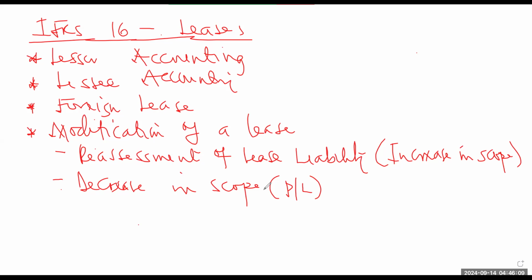Okay, so the decrease in the scope is something new that we are coming to do, and you also have to pay attention that whenever we do something new, you might see it in the exam. Last sitting we did sublease, where a company has rented a property and you have also decided to rent it out to another person.